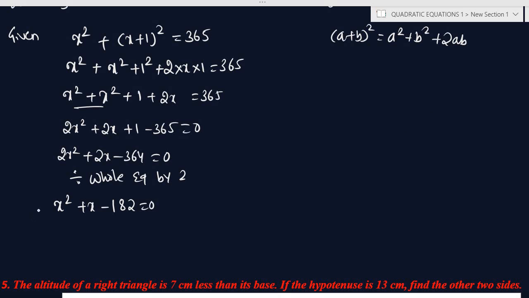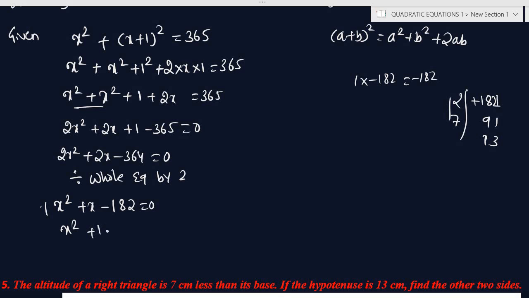Again you take minus 1 into 1 into minus 182, that is minus 182. You take 182 here: 2 ones are 2, 7 twos are 14, 7 thirteens are 91, so 14 and 13. What to do here?